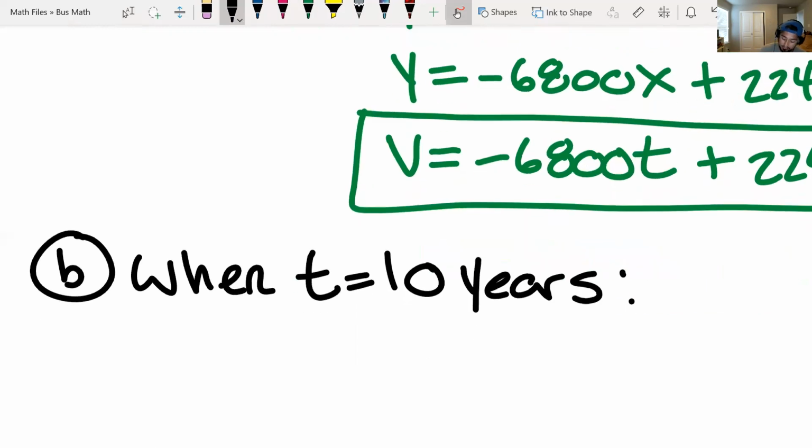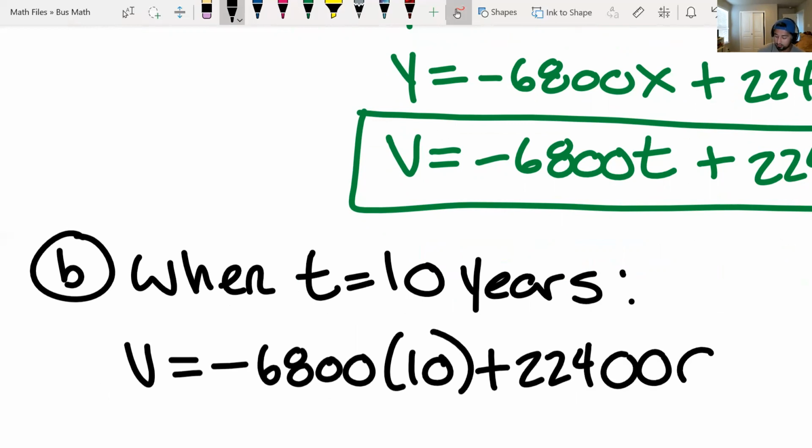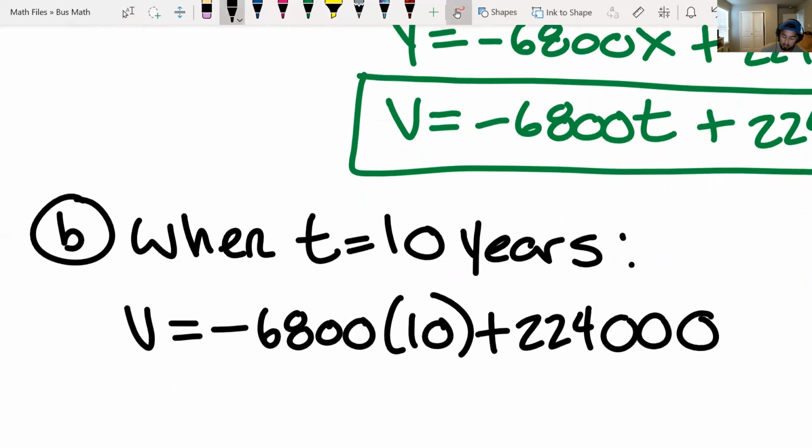So this means you'll have V equals negative 6,800 times 10 plus 224,000. Go ahead and throw that in your calculator.